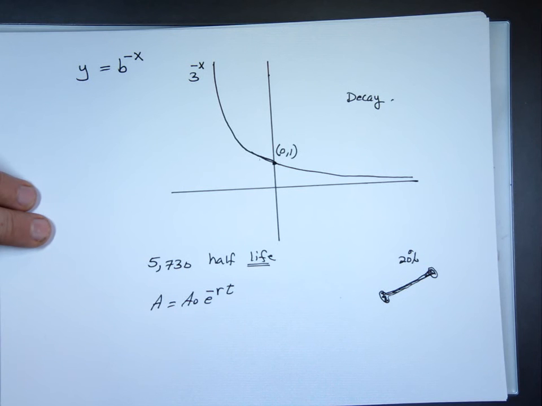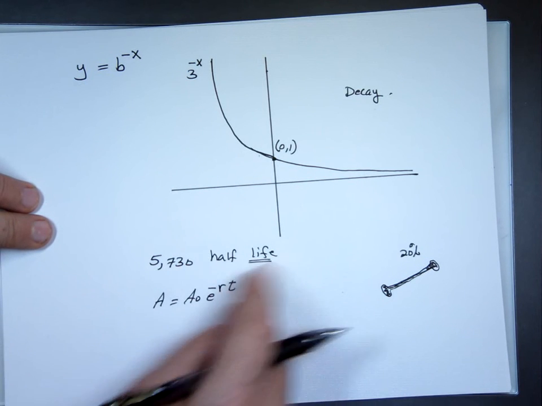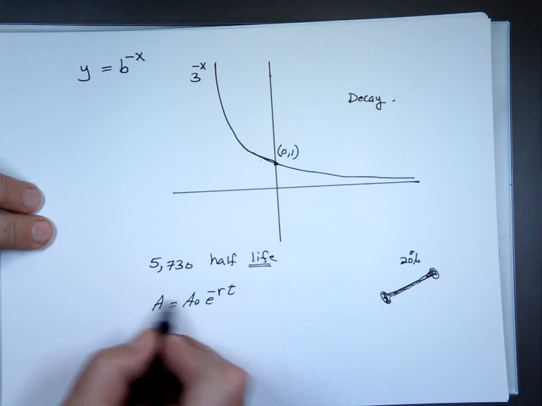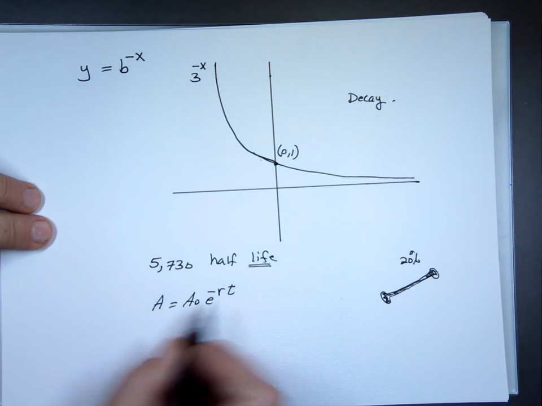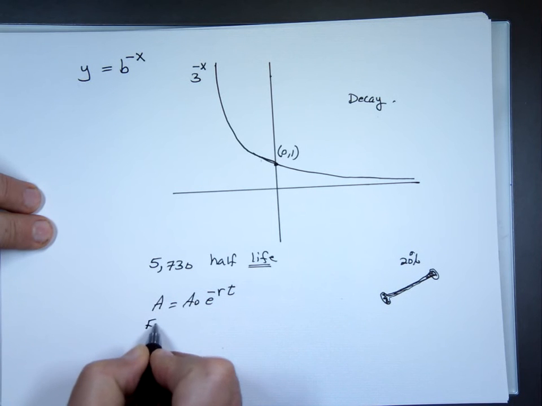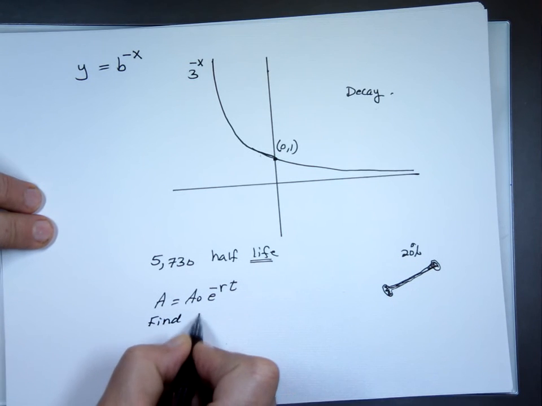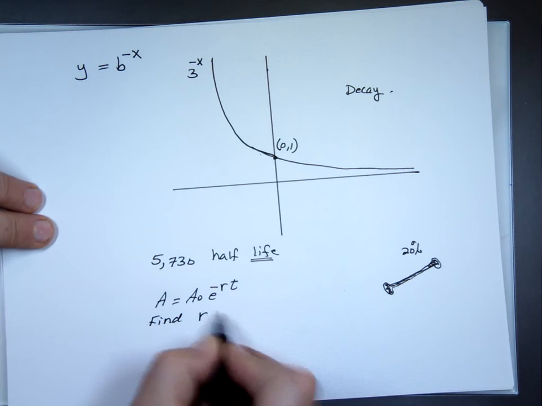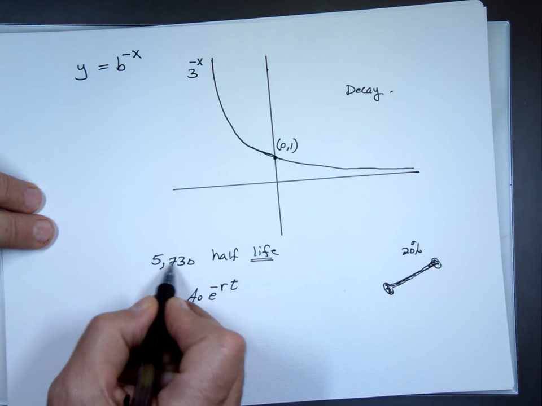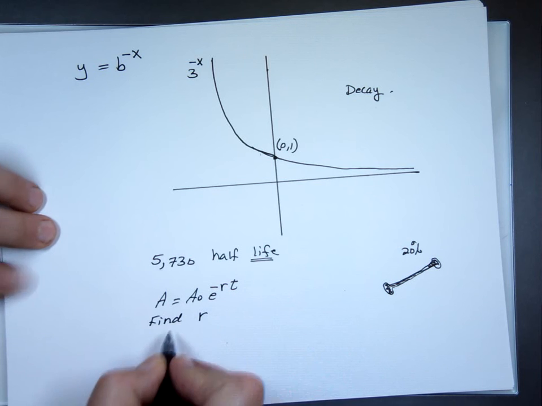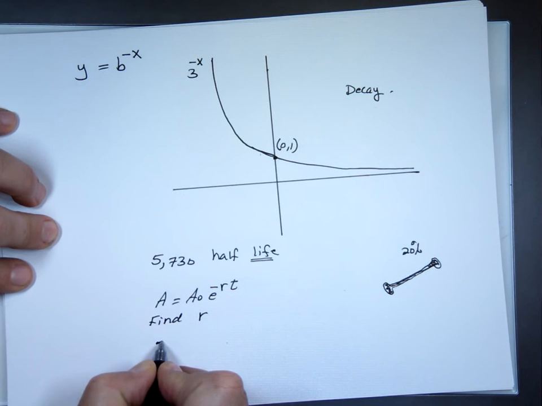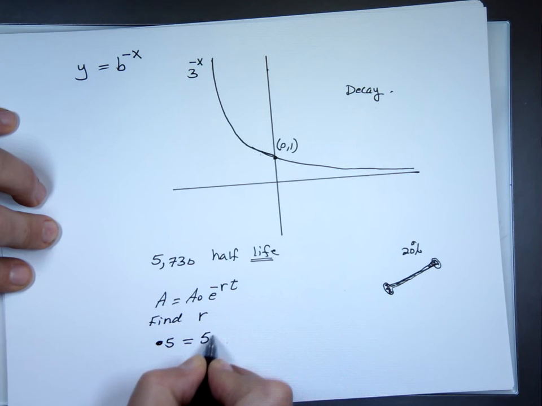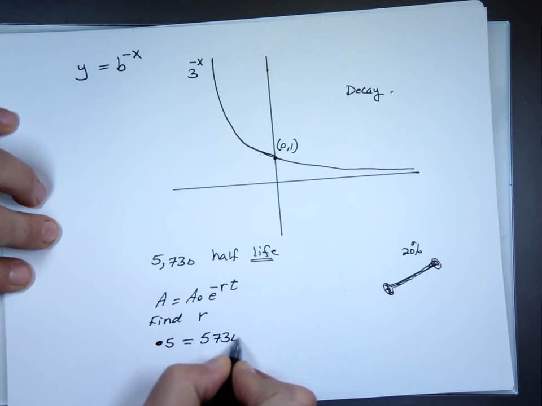What half-life tells me here is, every 5,730 years we have half the amount. So I can find R. So if I have 1 gram of carbon today, 5,730 years from now I'll have half of that. So 0.5 equals 1 e to the power negative R times 5,730.